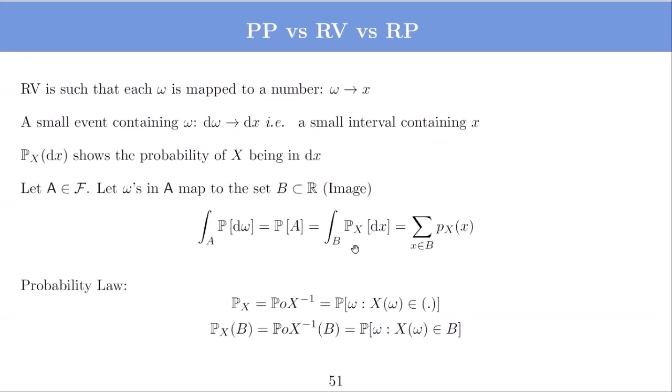So I should be able to integrate this probability over the set B. This will give me the probability that X is in B, and they should be the same.